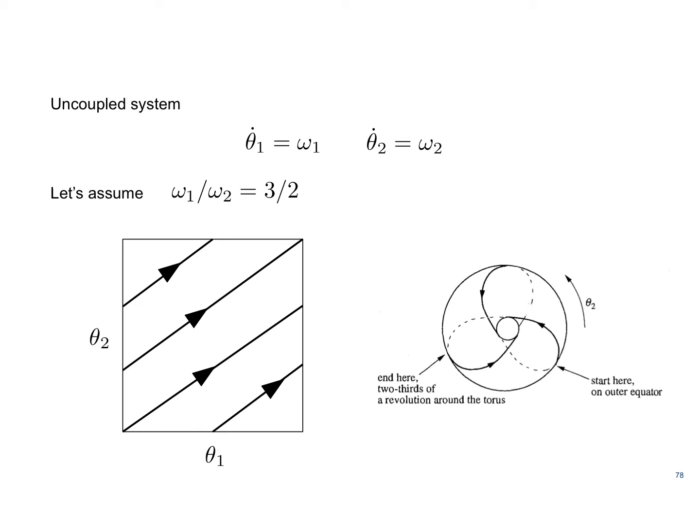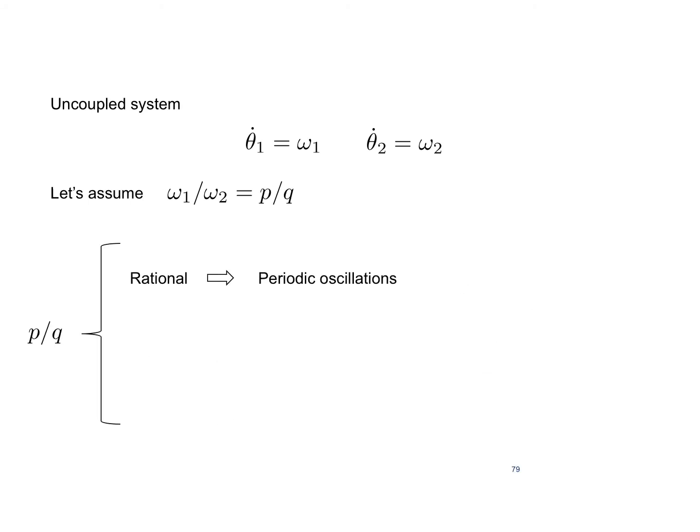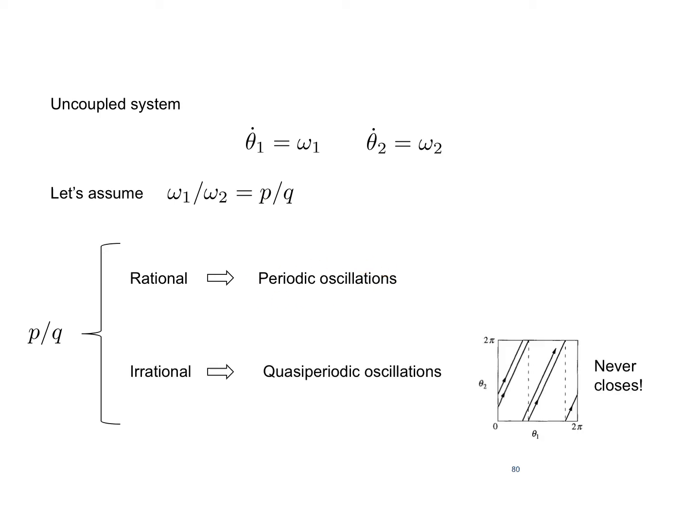Why? So let me just go to the next slide. So far we have these 2 examples where P and Q are rational. So these are periodic oscillations. But we can have also the situation where P and Q are such that the ratio is irrational.